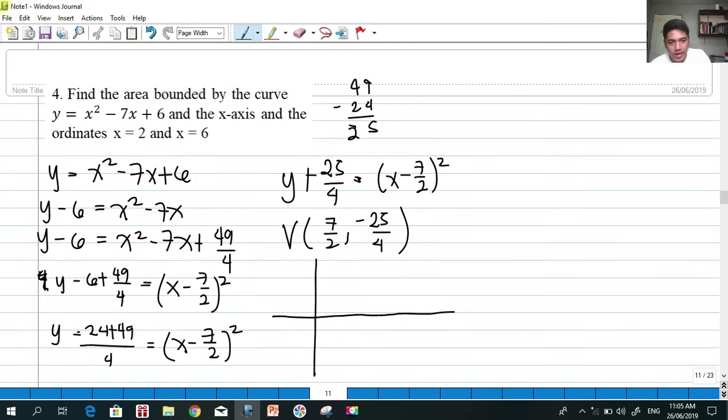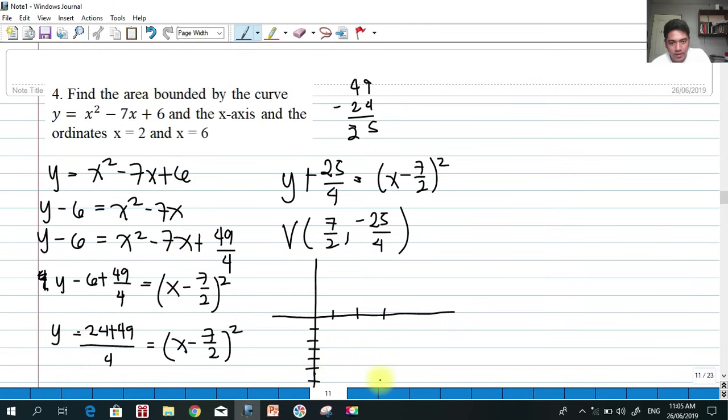It has a vertex at 7 halves, so 7 halves is 3.5. So we have 1, 2, 3. Okay, and negative 25 over 4 should be approximately equal to negative 6.25. So 1, 2, 3, 4, 5, and negative 6.